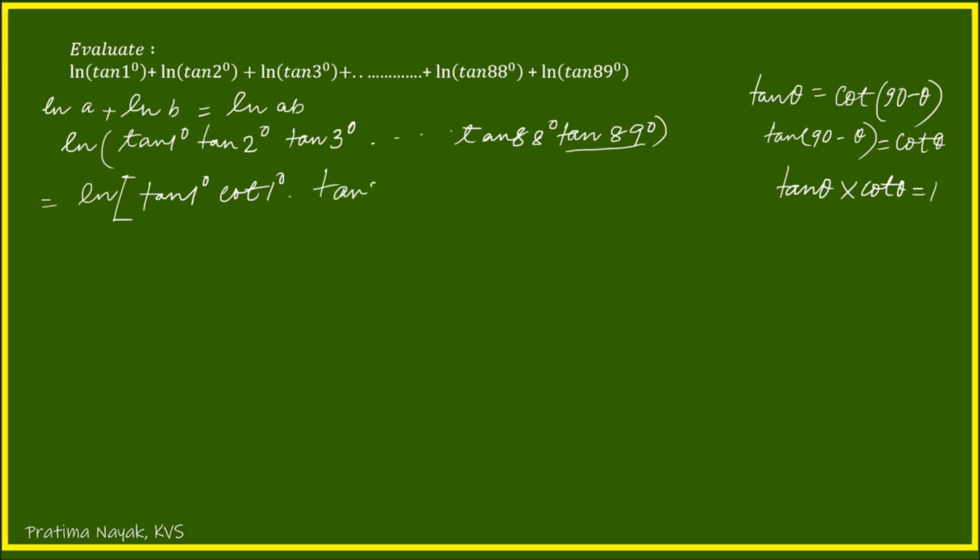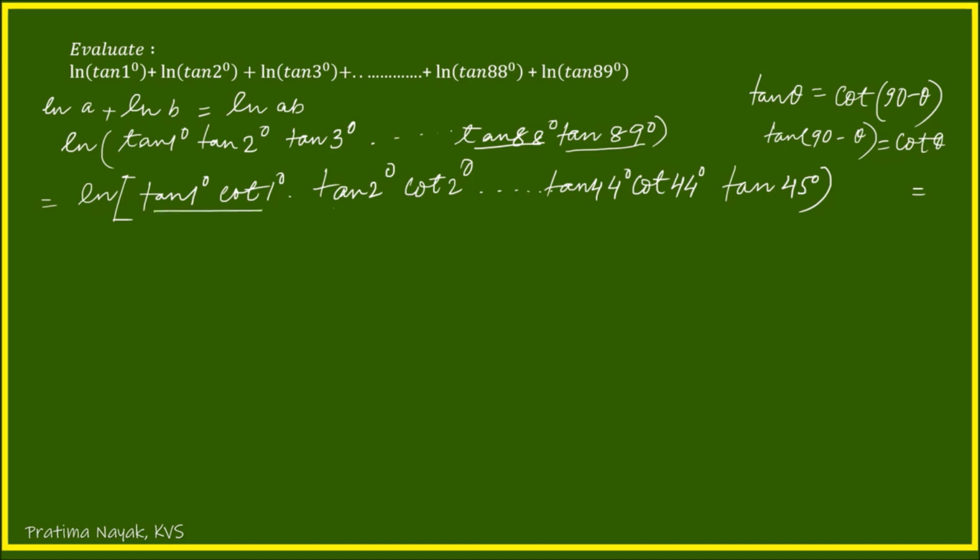Tan 2 degree and tan 88 degree can be written as cot 2 degree, and so on up to tan 44 degree into cot 44 degree, and tan 45 degree will be different. So tan 1 into cot 1 multiplication is 1.